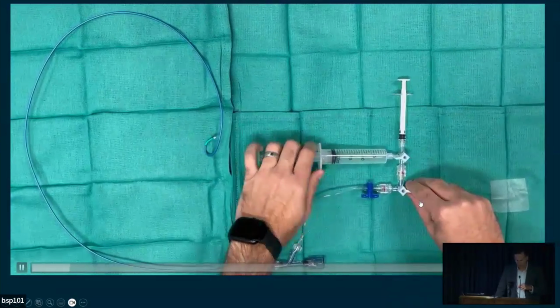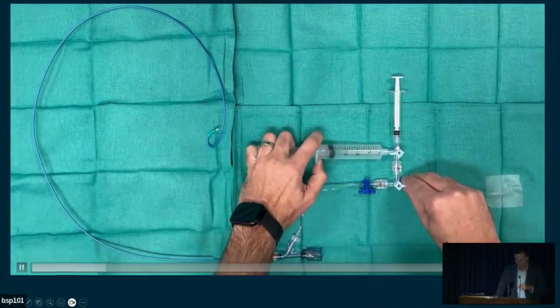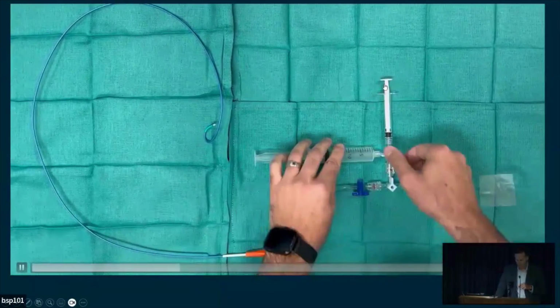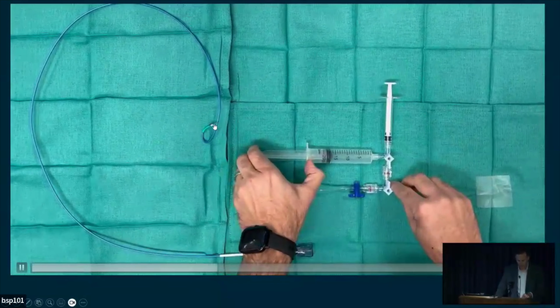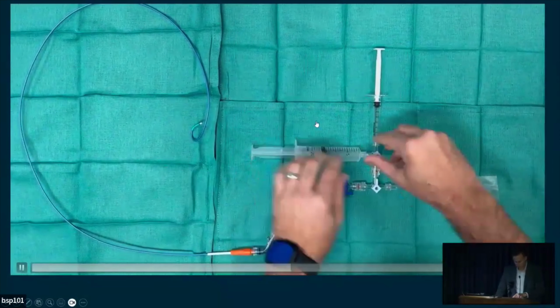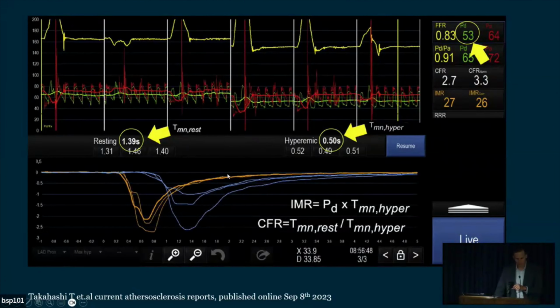So this is Dr. Heider-Hasher's hands here. Again, we just put 3 mLs of cold saline in this syringe. We inject it. It comes out of the guide here, and then the wire measures flow down the vessel. This is what it looks like on the screen. So in order to do the calculations, we have to get transit time, which is depicted here, at rest, and then we give adenosine in the cath lab.